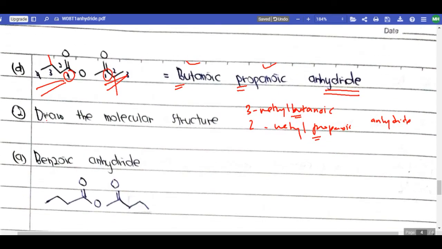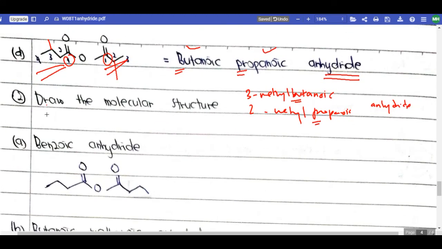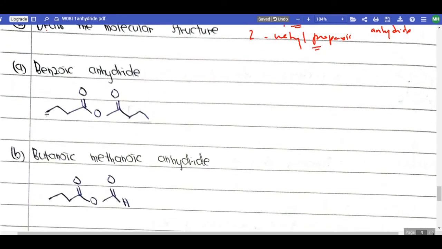Right, just like previous topics, not only should you be able to convert the structure into a name, you should also have the ability to convert the name into a structure. So as you can see here, benzoic anhydride, we know that anhydride comprises C double bond O attached to O attached to the C double bond O, whereby the first carbon is located at the C double bond O. So as you can see here, benzoic, this is not correct.